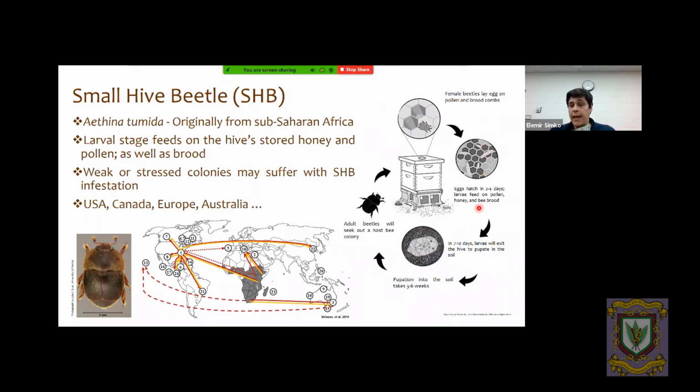Around 10 days later, those larvae will crawl out of the hive because they pupate in the soil. So they look for the ground and spend around 6 weeks there until a new adult beetle emerges and looks for new colonies to invade. The adult form is really efficient at flying, so it can spread throughout apiaries very efficiently.